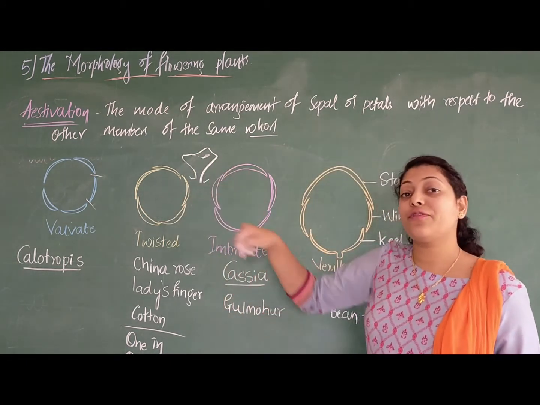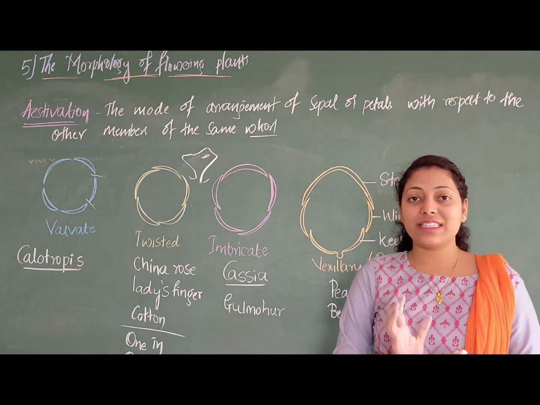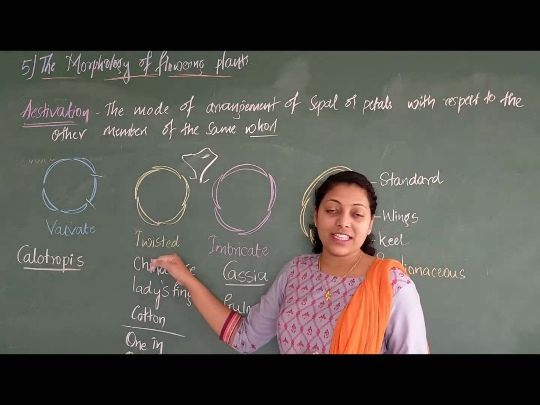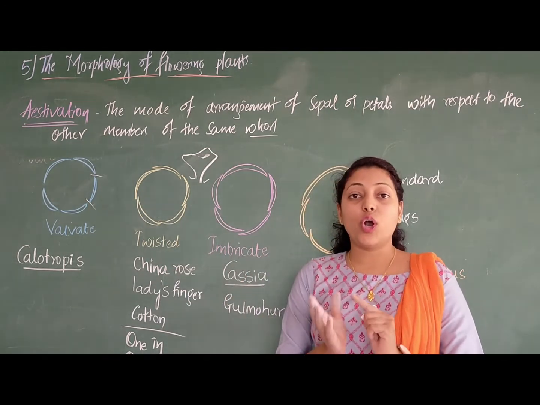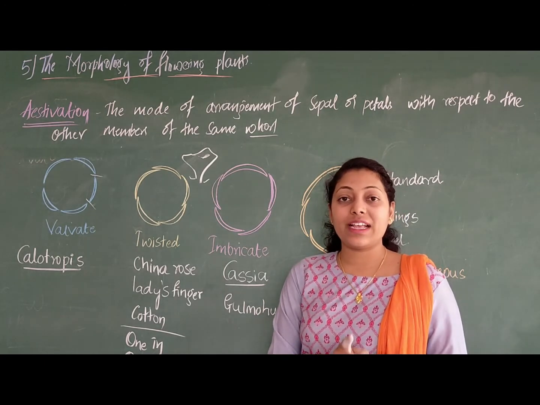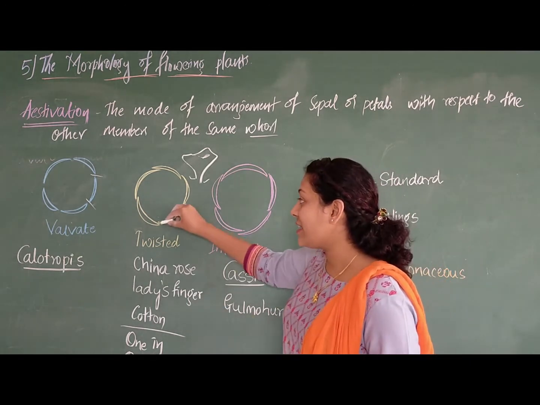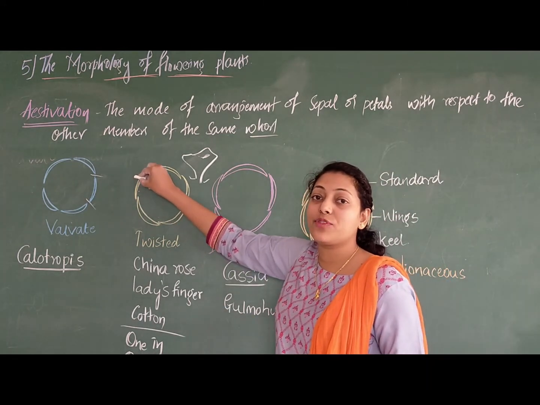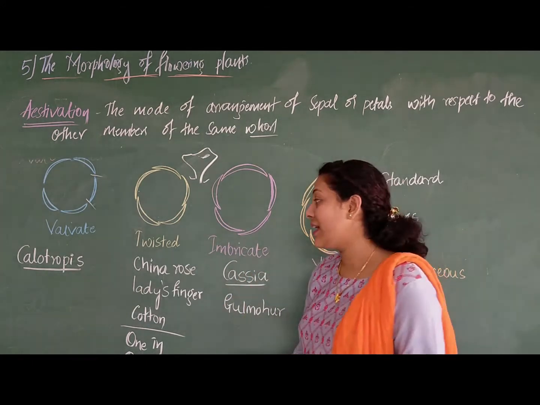In the same way, for all the 5 petals, you can apply the one in, one out mechanism, and you can say that in twisted aestivation, the margin of one sepal overlaps with the margin of the other sepal towards one end, whereas the other end is free. It does not overlap. So only one margin overlaps with the margin of the next coming sepal.